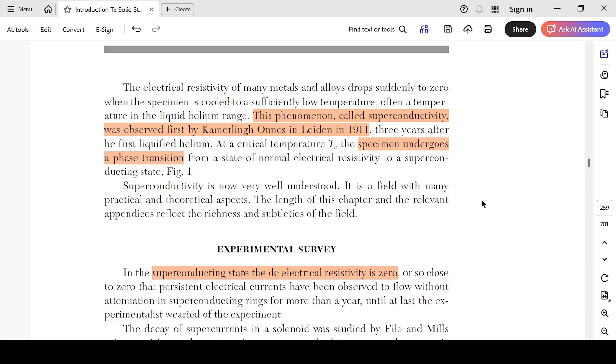So in that case, we will also discuss what is meant by a first order phase change and a second order phase change.